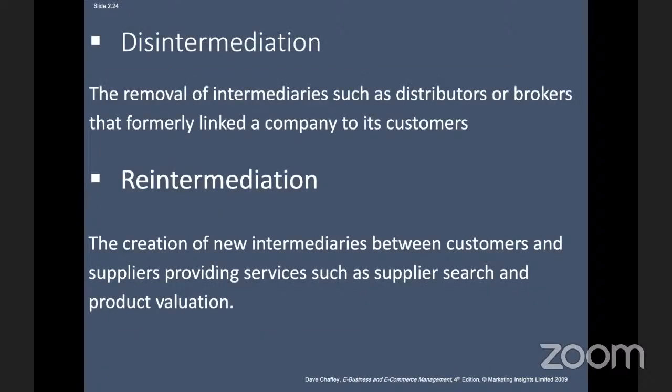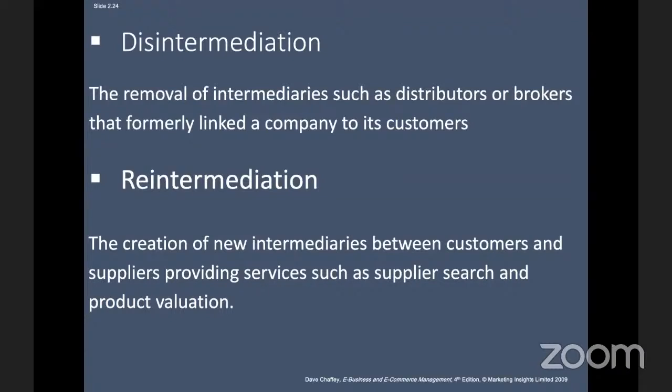Okay, now the concept of disintermediation and reintermediation. The removal of intermediaries such as distributors or brokers that formally link a company to its customers is called disintermediation. And reintermediation is the creation of new intermediaries between customers and suppliers, providing services such as supplier search and product valuation.